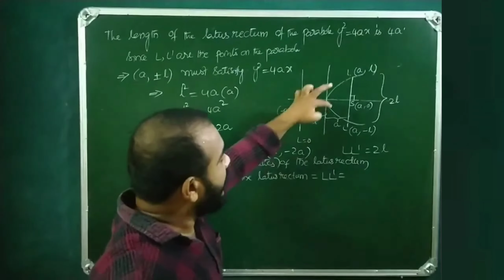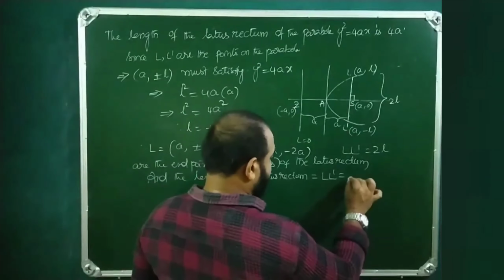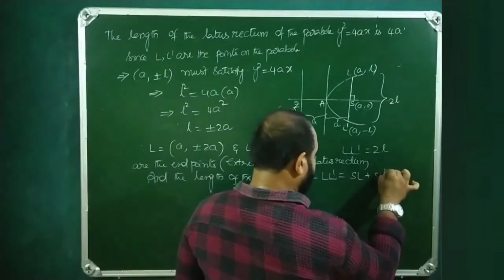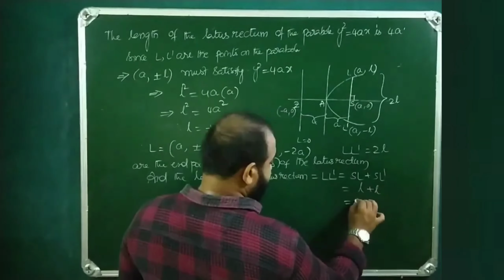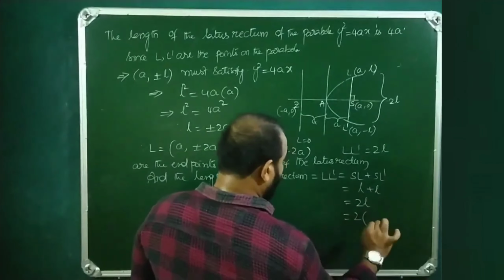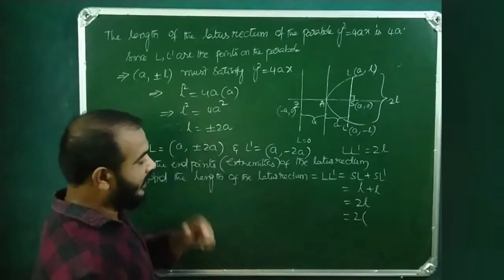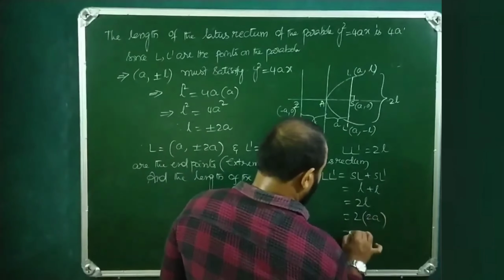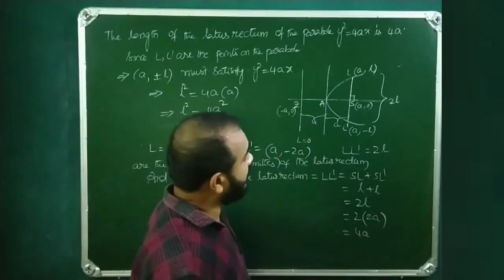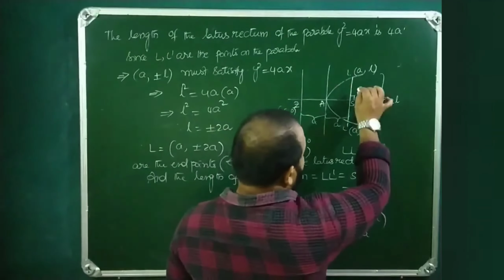LL dash is SL plus SL dash. SL plus SL dash is L plus L, which is 2L. So 2 into what is L? 2a. So 4a. So the length of the latus rectum is totally 4a.